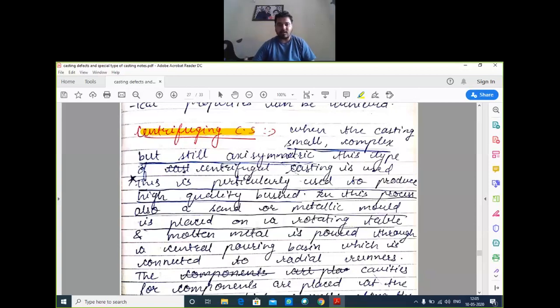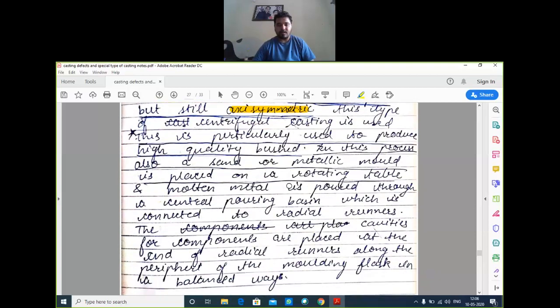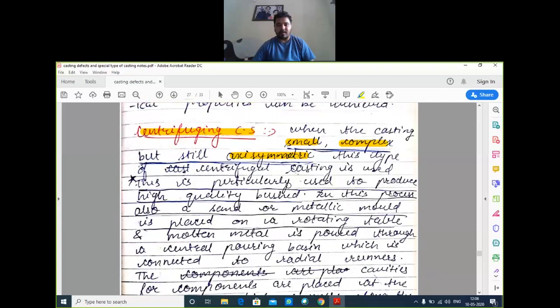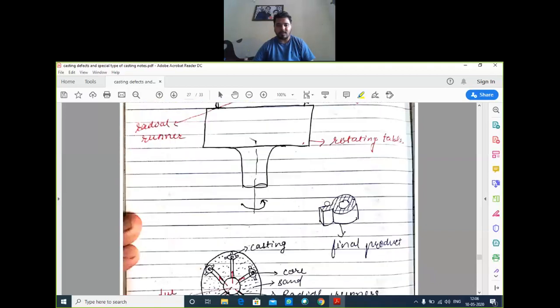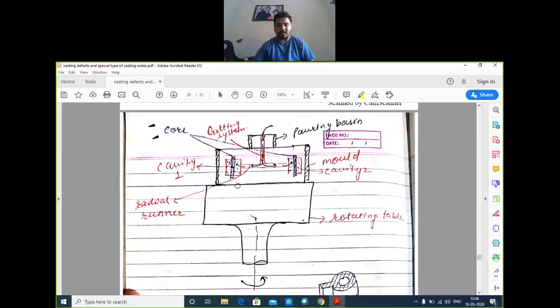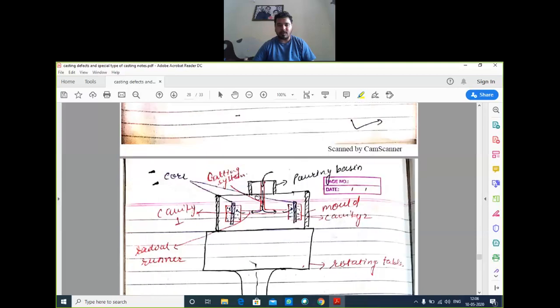In centrifuging centrifugal casting, we can make products of axisymmetric type, and the product is of small size and complex, and generally we cast the bearing with the help of this centrifuging centrifugal casting. This is a schematic diagram of this centrifuging centrifugal casting.